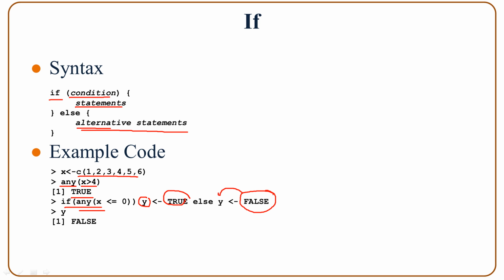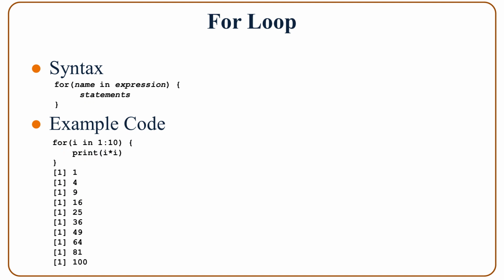The next structure is the for loop. So normally you use for when you know the number of iterations that you want to run. So the syntax is for name in expression, and run the statements.